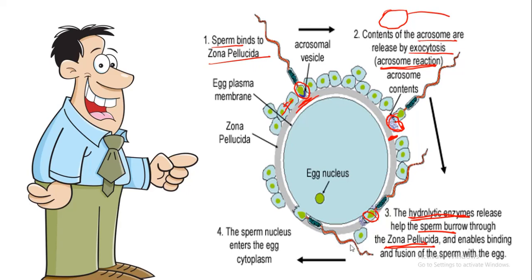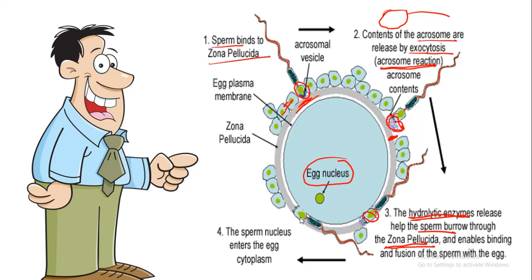When the sperm penetrates through the zona pellucida, it will be able to meet the nucleus of the egg. You know, in the nucleus, that's where you're going to find the DNA. That's where you're going to find many contents which are transferred from the parent to the offspring.